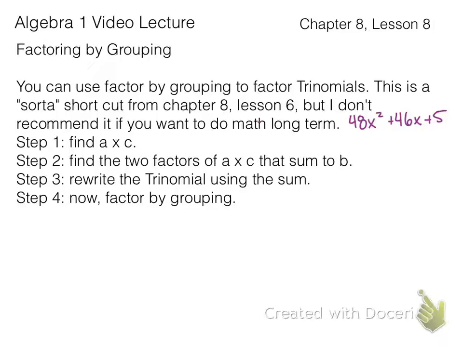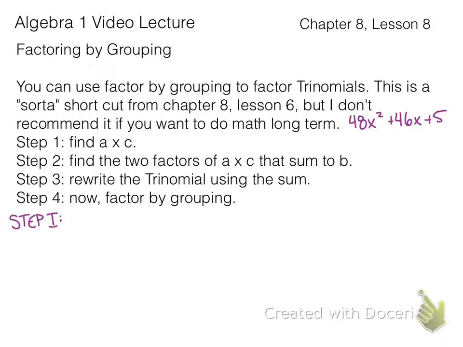Okay, but if you do want a shortcut because maybe you're having a hard time thinking about all the different ways that you could do this with your table from Chapter 8, Lesson 6, here is the shortcut. Step 1, find a times c.